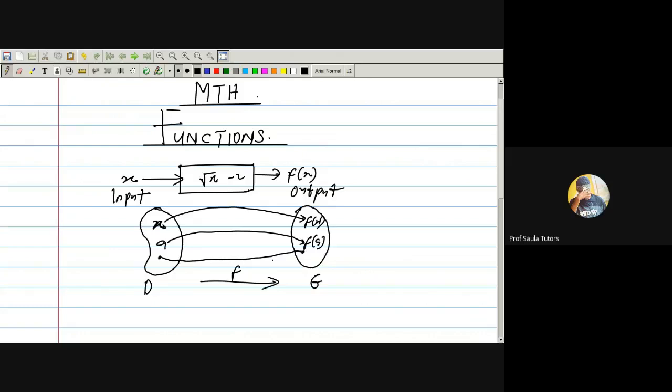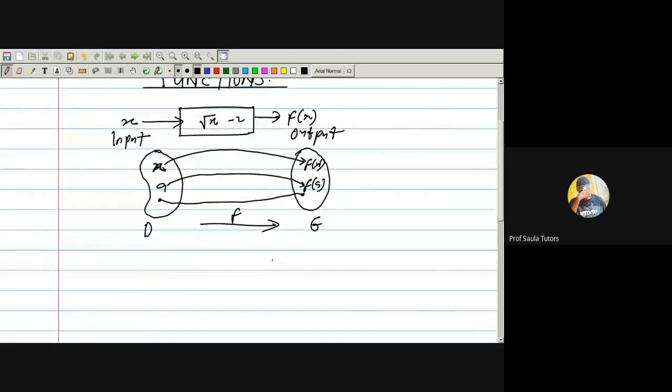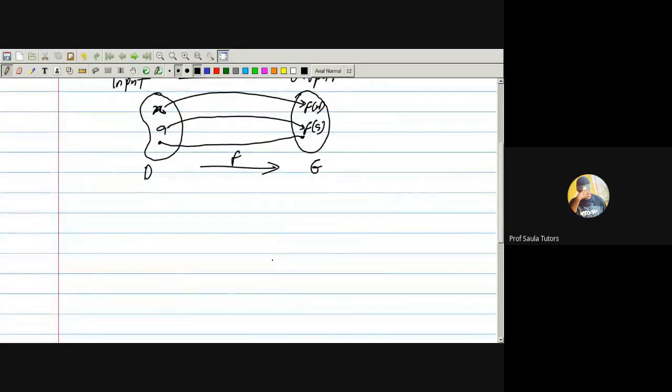Now, let us go into the main work about the domain of a function. If a function is given to you as a formula, and they did not tell you the domain of the function, what do we call the domain? They gave you a function in terms of a formula, and you were not given the domain.